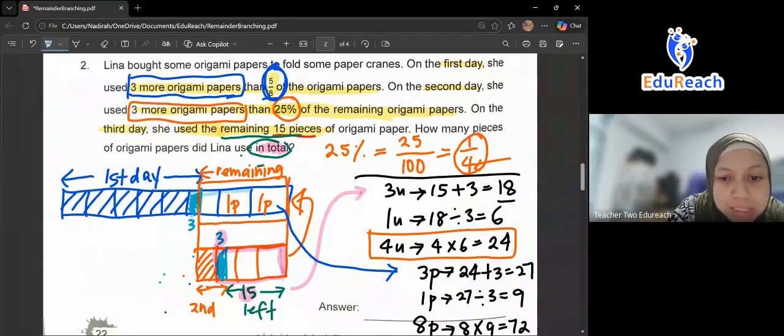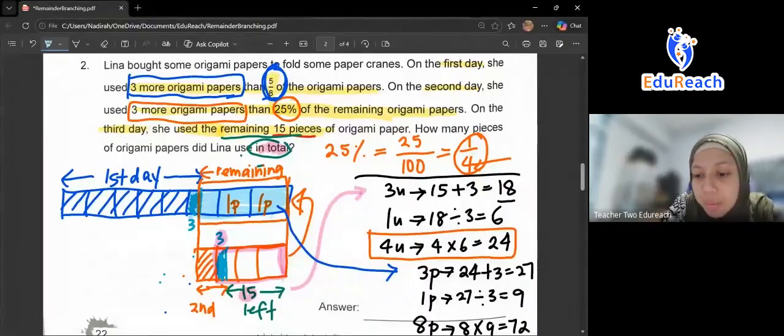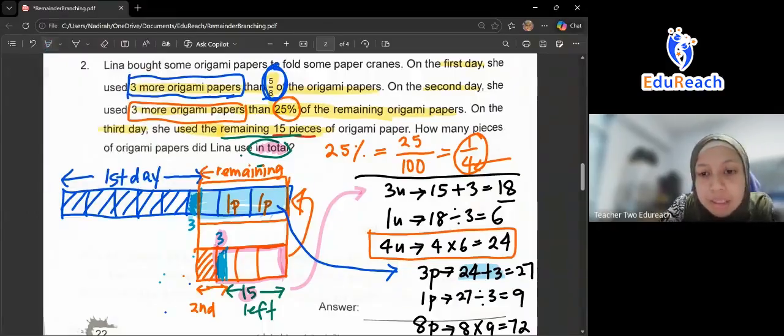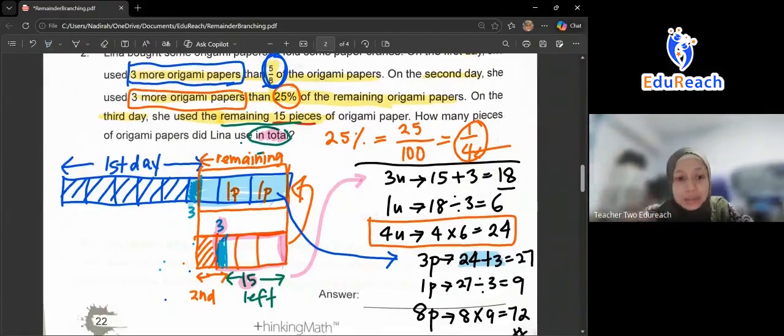So these 3 parts is like the 2, which is the remaining part, plus the 3. That's why we added here. Then again, I find for 1 part and I solve for all the 8 parts to find the final answer.